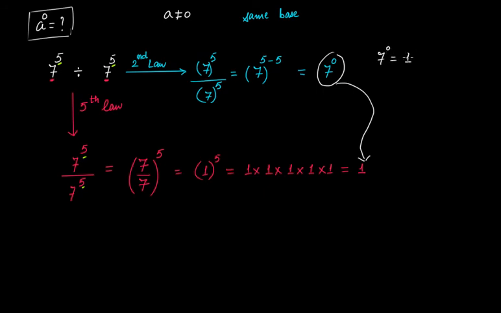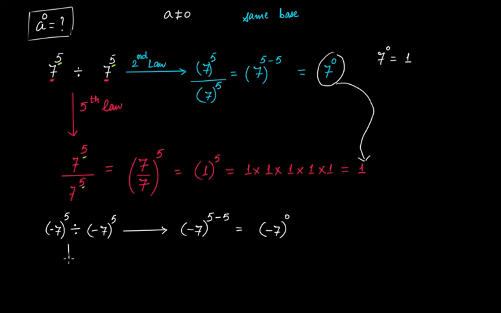Now let me take this negative 7, this minus 7. What if this was minus 7 to the 5th power divided by minus 7 to the 5th power? Again, if you take the second law of exponents, having the same bases, then it becomes minus 7, and this is actually 5 minus 5. So this gives you minus 7 with exponent 0.